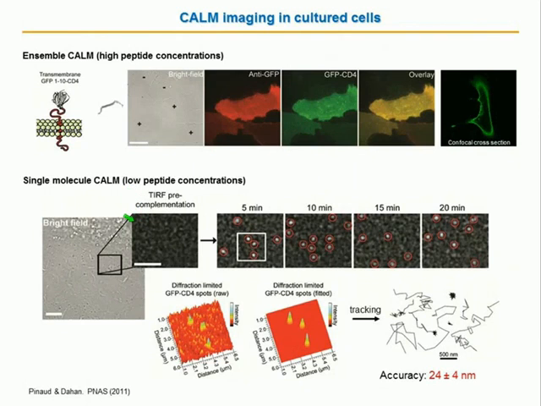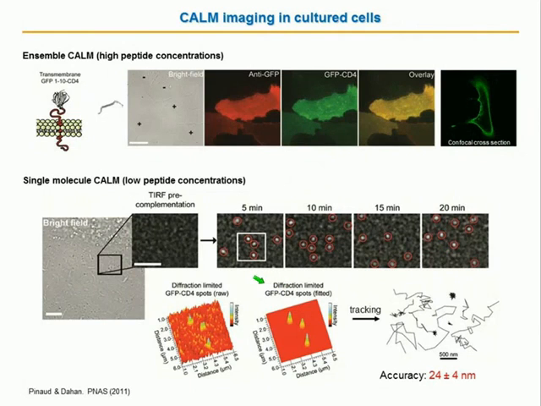This is fluorescence imaging of part of the cell area before complementation, before adding the peptides, and within 5 minutes of adding the peptide in solution, as the peptide diffuses, binds, and the fluorescent protein matures, you can see individual spots corresponding to individual fluorescent protein, GFP CD4, showing up at the surface, and over time the amount of proteins increases as the maturation takes place.